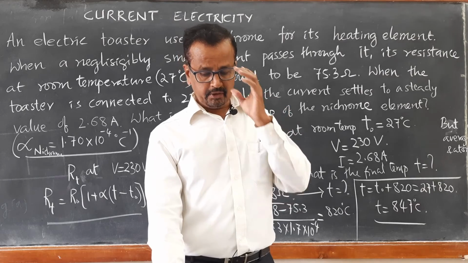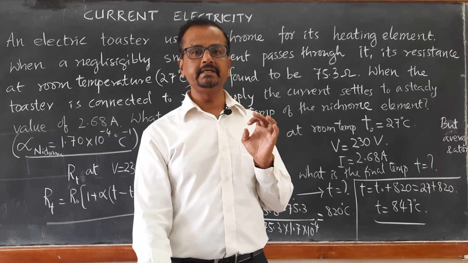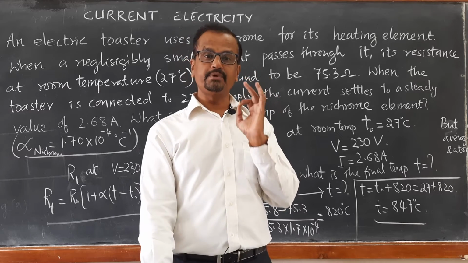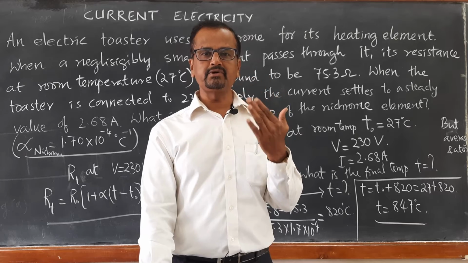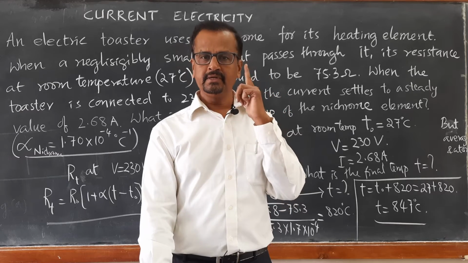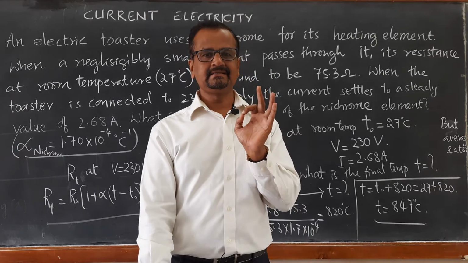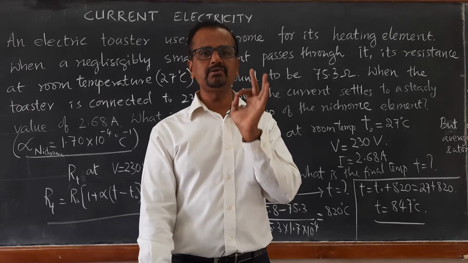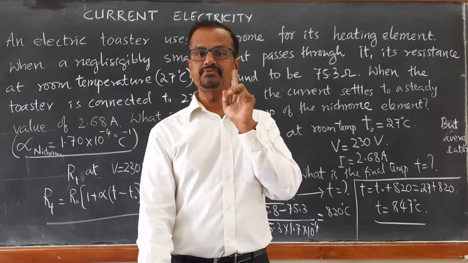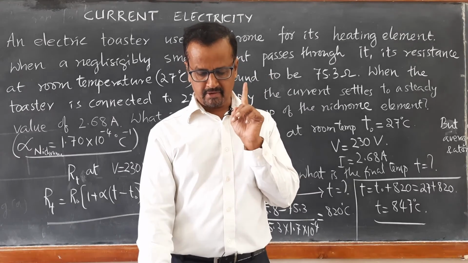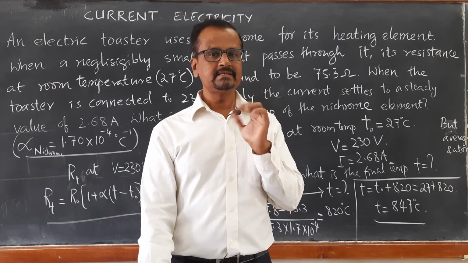What do you mean by temperature coefficient of resistivity? It is the change in resistance per unit resistance, per unit rise in temperature. So, the temperature coefficient of resistivity of nichrome is less, 0.0004, that is 4 into 10 to the power of minus 4 per degree Kelvin or per degree Celsius.